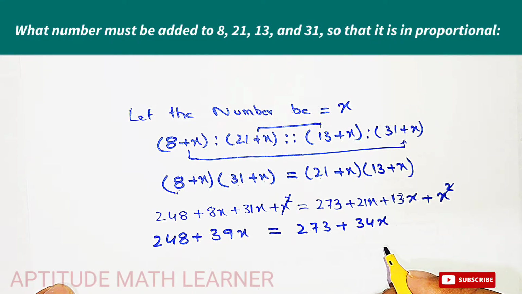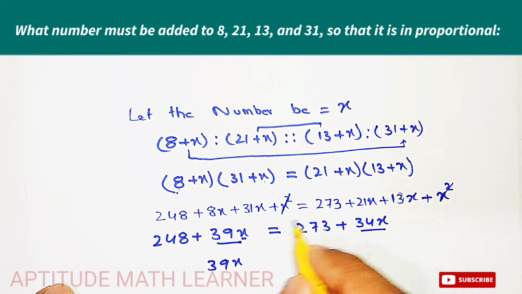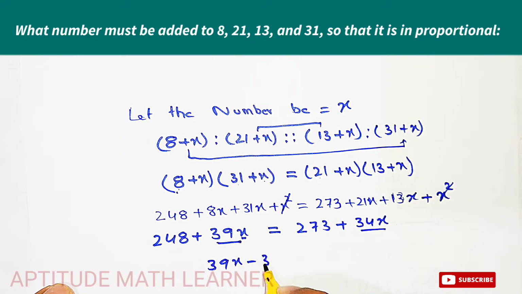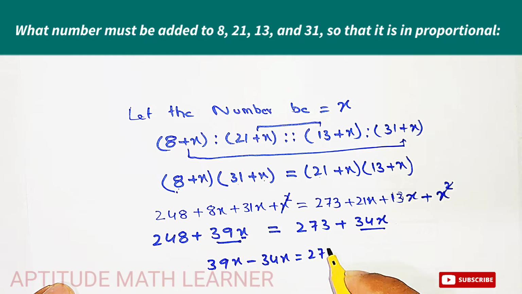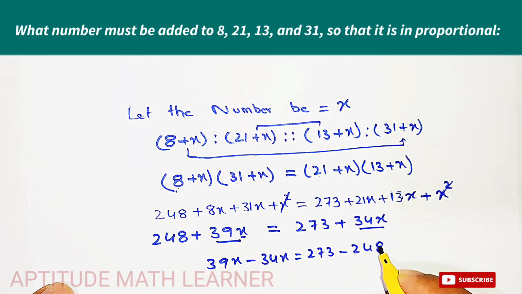I hope till here you have completely understood. Now this is x and here also x, so we take 39x, and this portion goes this side, becomes minus 34x, equal to 273, and this 248 goes this side, becomes minus 248.